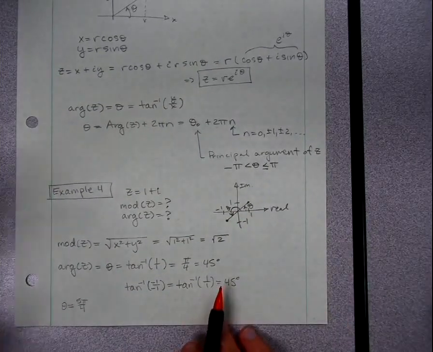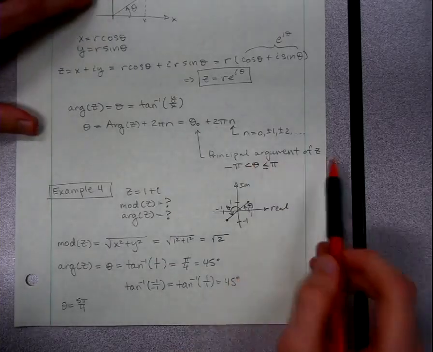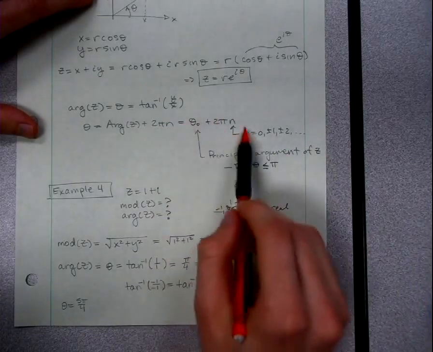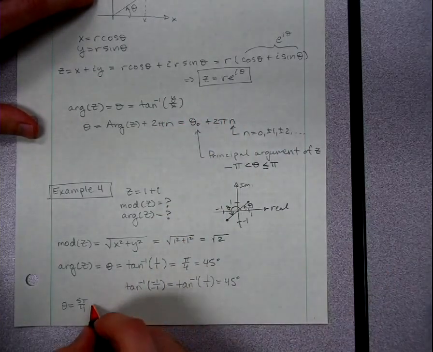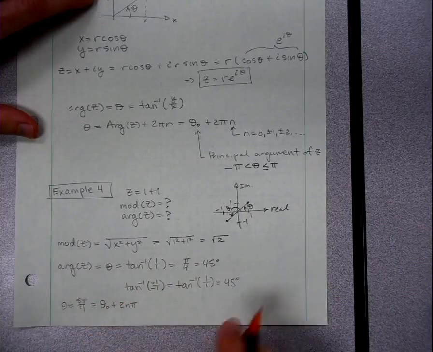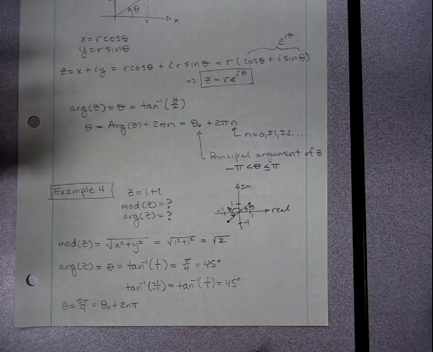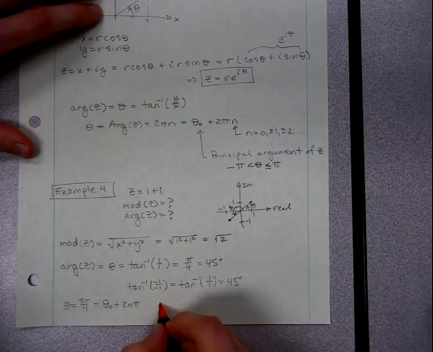And if we're asked to find the principal argument, let's just plug it into this equation here and solve for theta naught. Doing that, we get 5 pi over 4 equals theta naught plus 2 n pi. So you can solve for theta naught here.